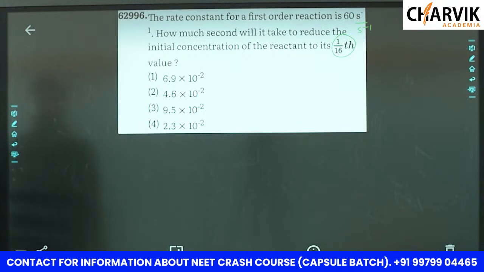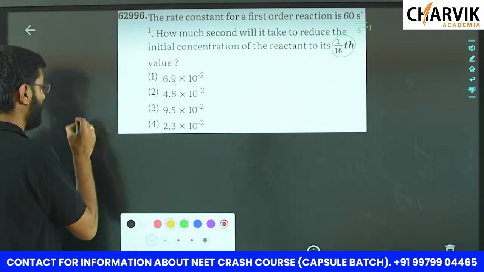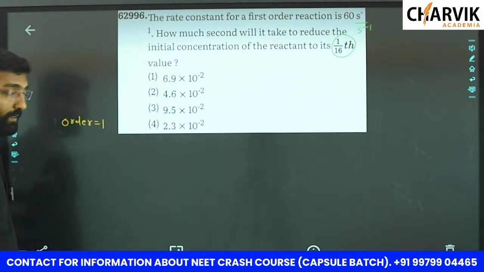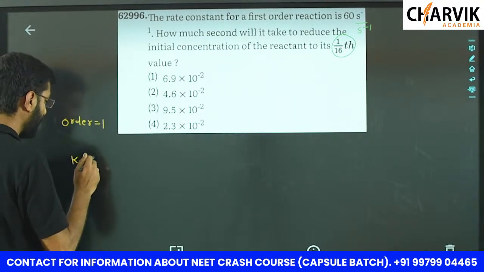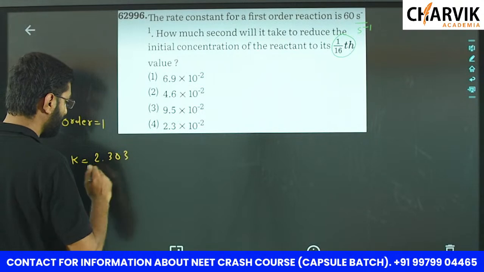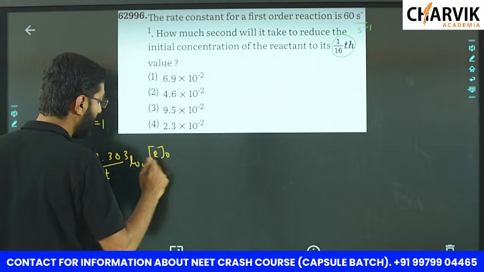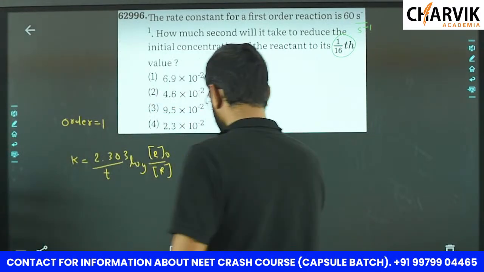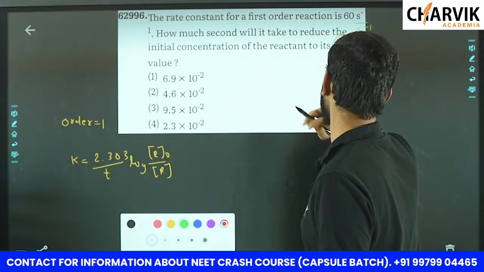According to the question, order of reaction is 1, so you can write K equals 2.303 by T log R naught by R. K is given, 60 second inverse.